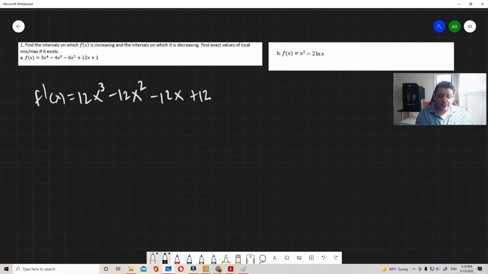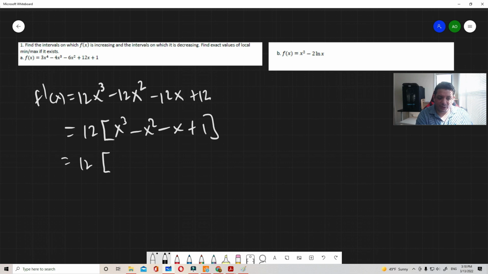So clearly we can factor here on 12. And we're going to get x cubed minus x squared minus x plus 1. So it looks like I can factor somehow more things. So let's try and group things. Let's factor x squared from this too. If I factor x squared, I'm going to get x minus 1 here.